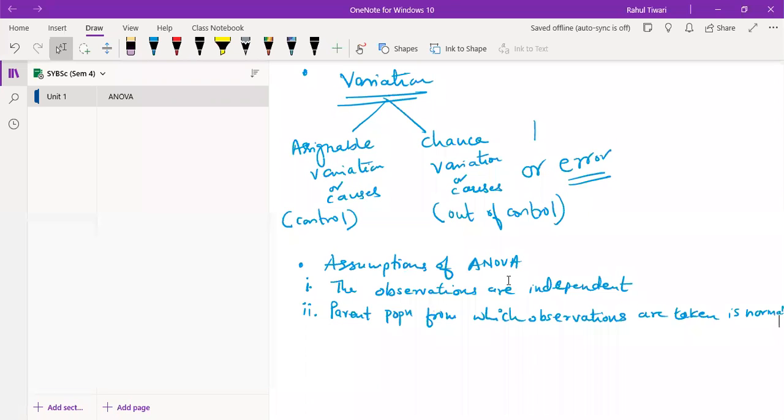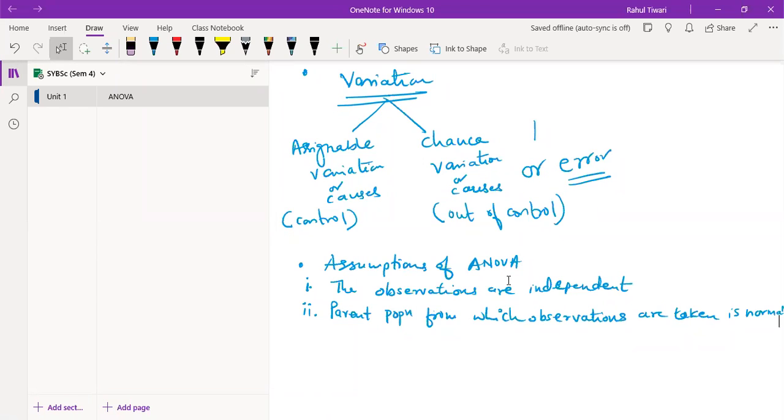First is the stem and leaf diagram. Second is the box whisker plot. Third is the histogram.